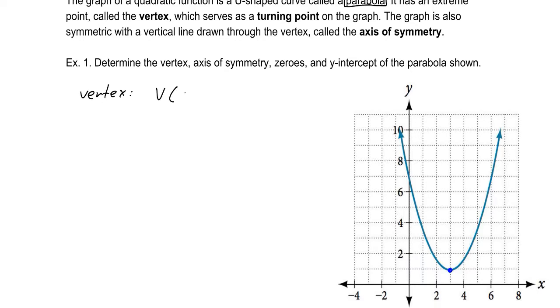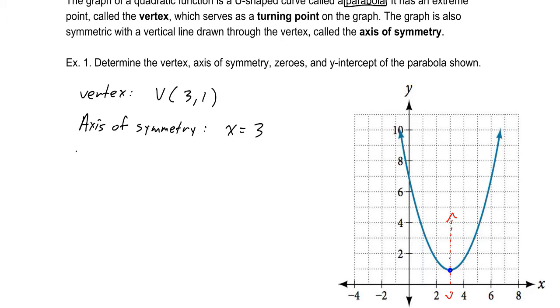So our vertex is the point 3, 1, which means our axis of symmetry is the vertical line x equals 3. Go ahead and draw that. It is a vertical line passing through the vertex.